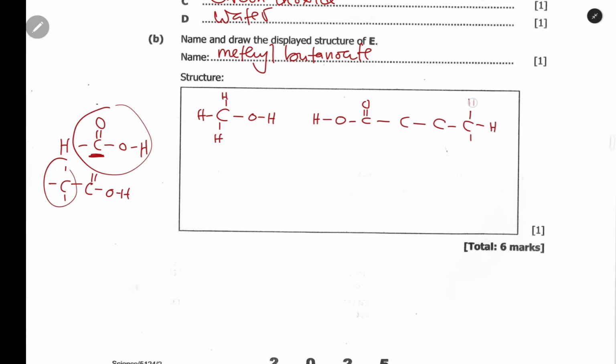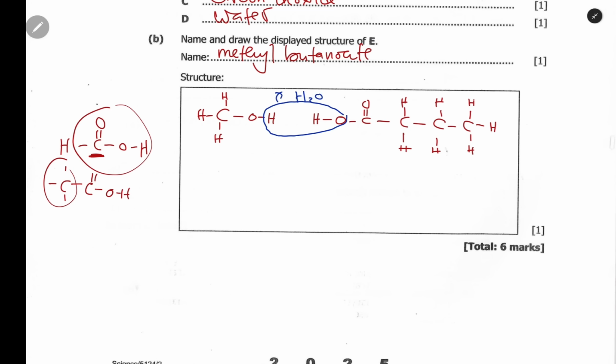Hydrogens around, hydrogen, and also here hydrogen. So it looks like this. Okay, now the reaction takes place. This contributes OH, this one just H, and a water molecule, H2O, is removed.